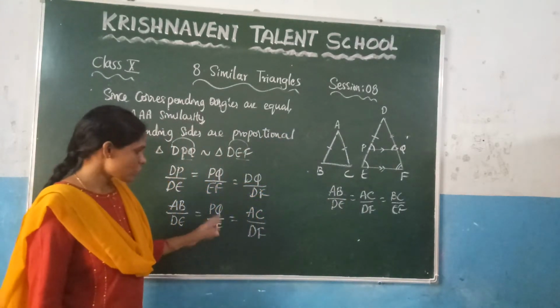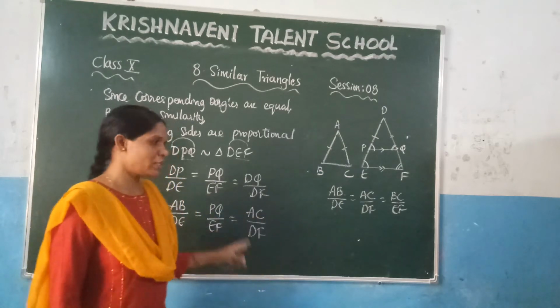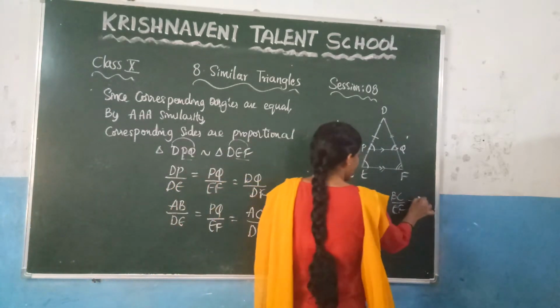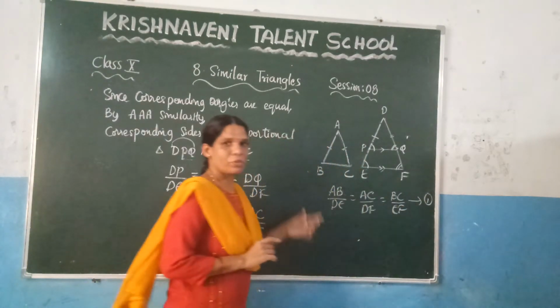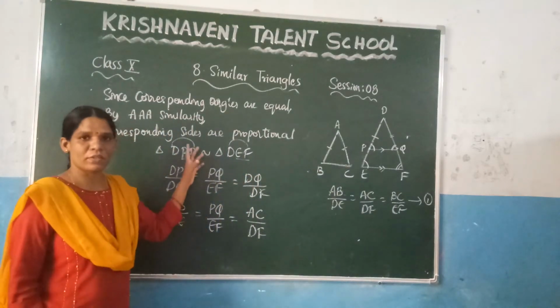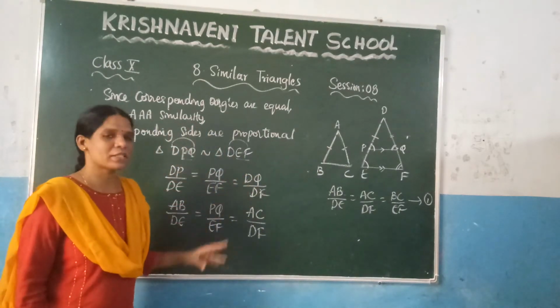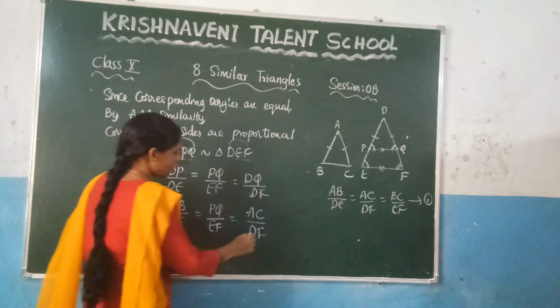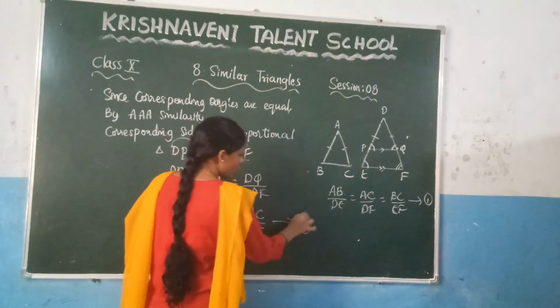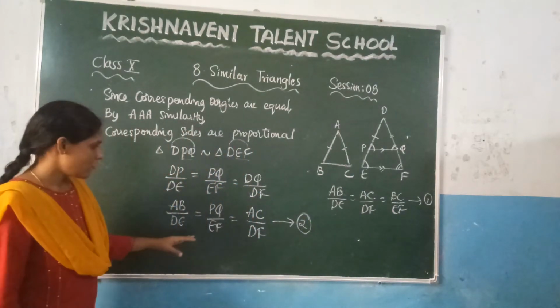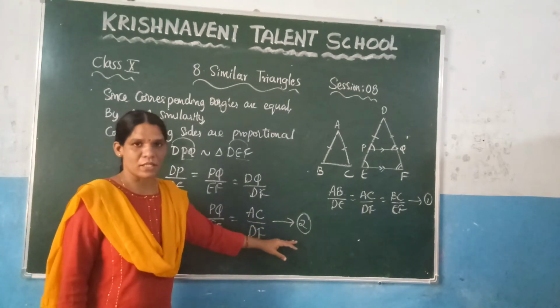So after equating these two equations, write this equation as 1 at the given. I did not write it, so you write it where we have written the given statement, and mention that statement as 1. Now here we got one more equation, write it as 2.